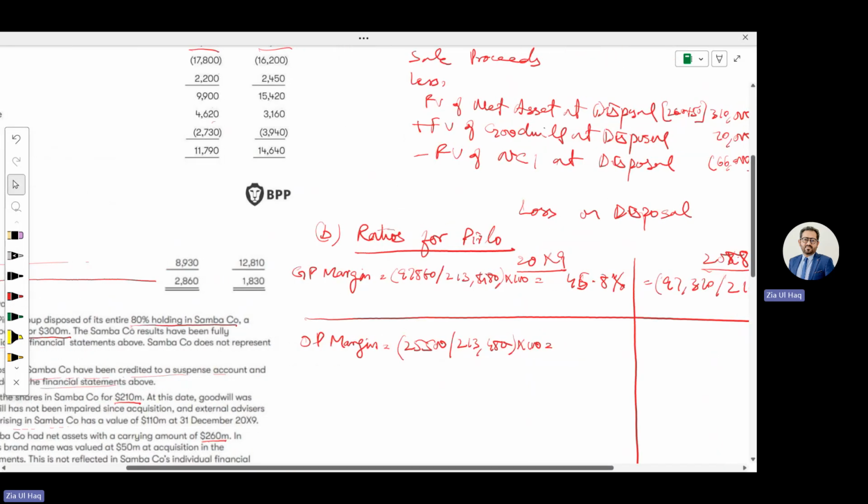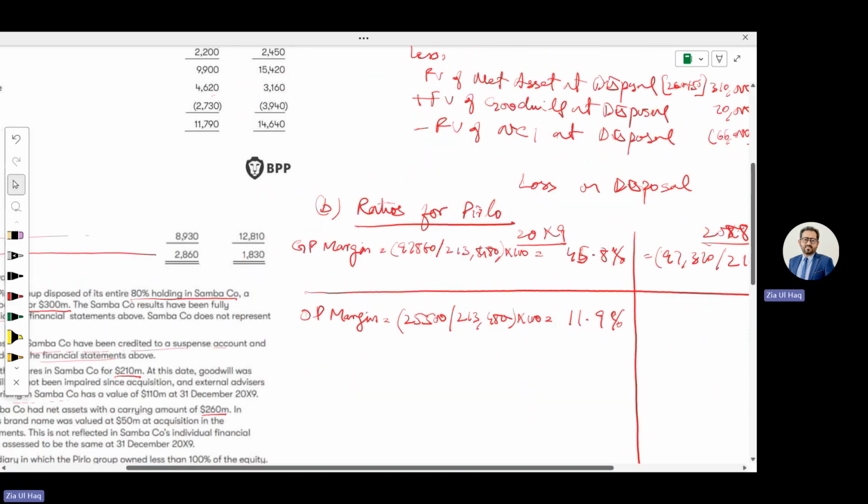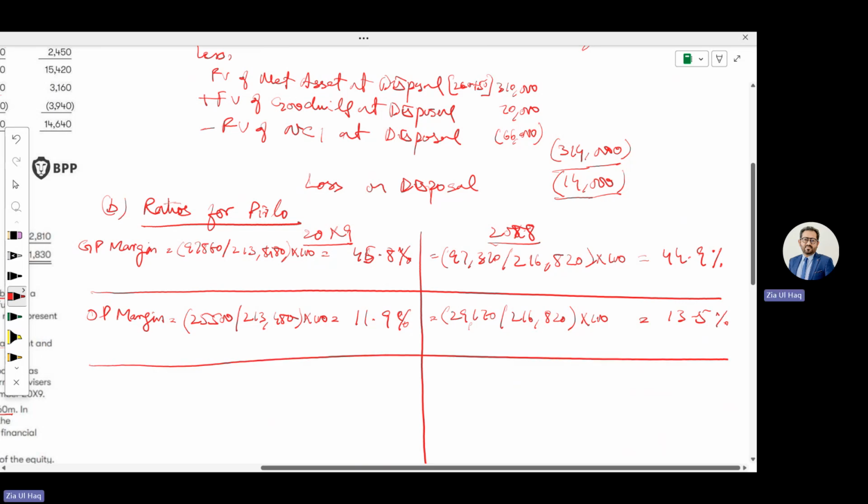So that is 11.9%. And operating profit for 20x8 is 29170. So 29170 divided by 216820 multiplied by 100. So that is 13.5%. Okay.